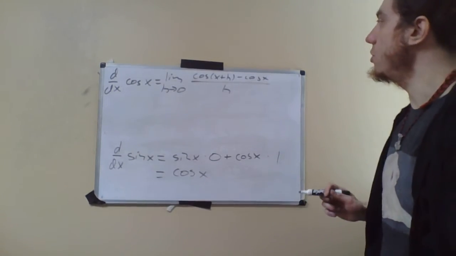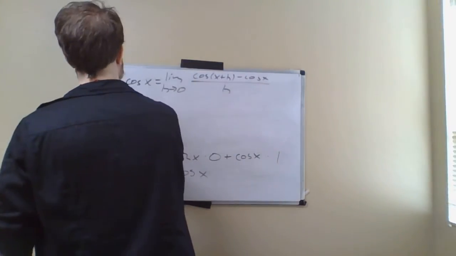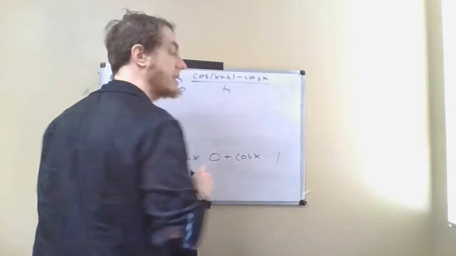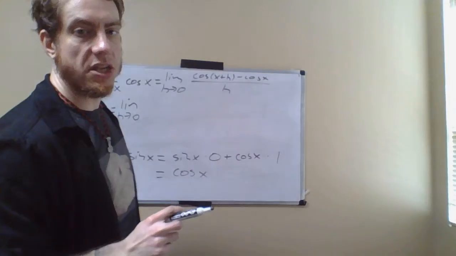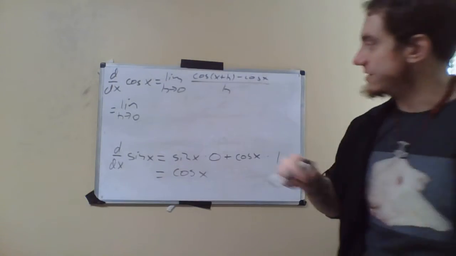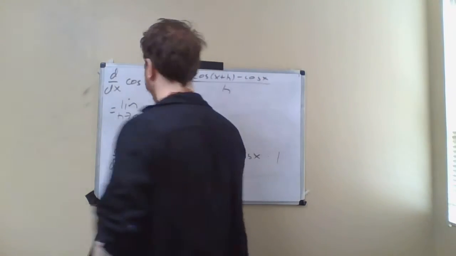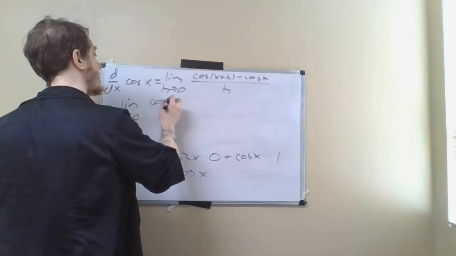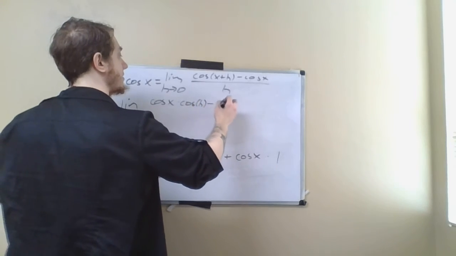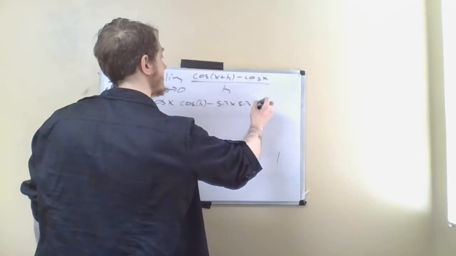So what I want to do is rewrite this by using the sum identity for cosine. And when I do the sum identity for cosine, I get something kind of similar to what we did for sine, except there are a few minor differences. So we actually get cosine of x times cosine of h minus sine of x times sine of h.